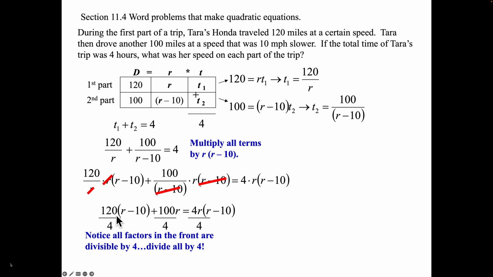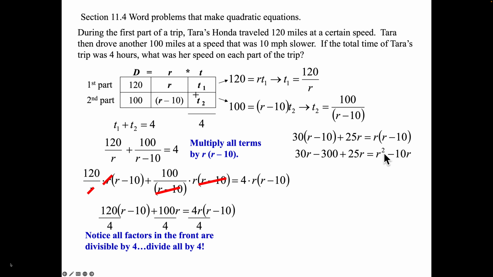Let's divide 4 from every term. And that makes things smaller. 30 times R minus 10, 100 divided by 4 is 25R, and now we just have to distribute the R instead of 4R. So distribute the 30: 30R minus 300 plus 25R equals R squared minus 10R.